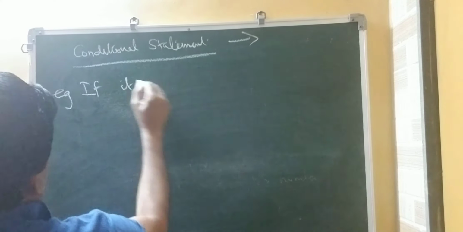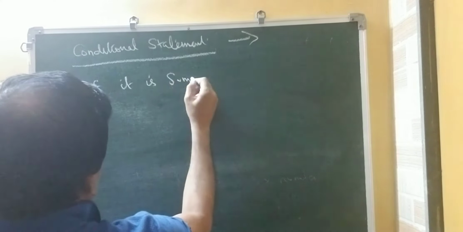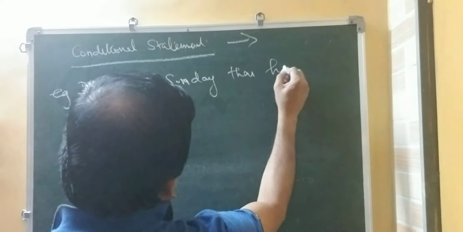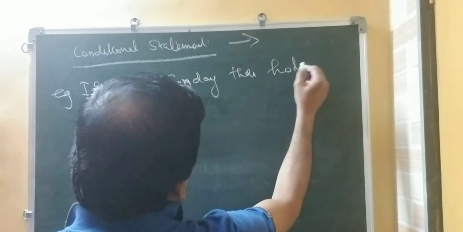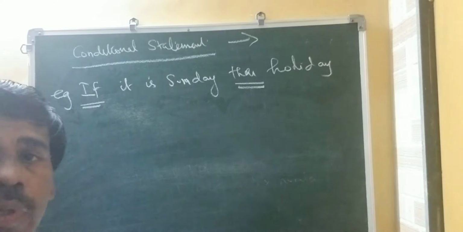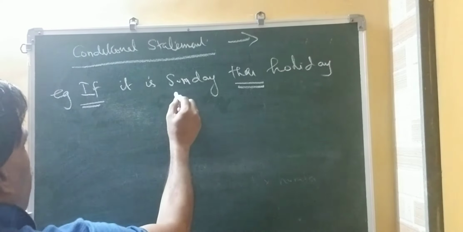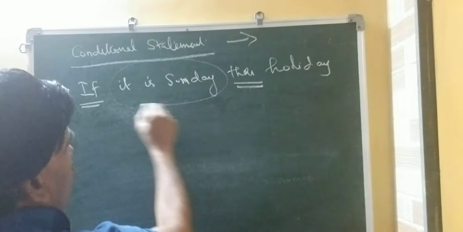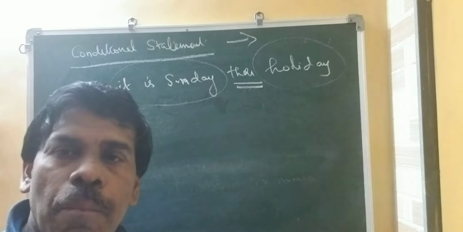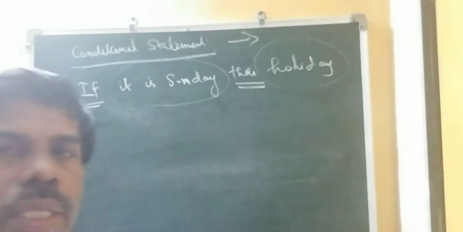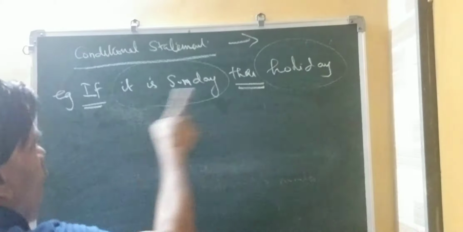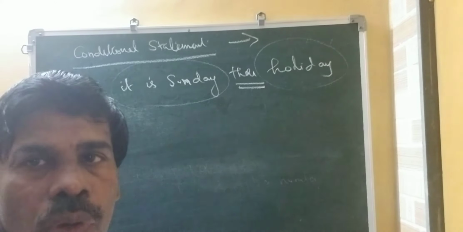If it is Sunday, then holiday. Followed or not? See, it is one statement, it is another statement. But how are they connected? They are connected with two connectives, if and then. If it is Sunday, then it is a holiday.